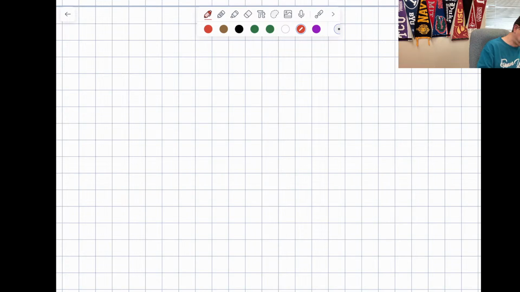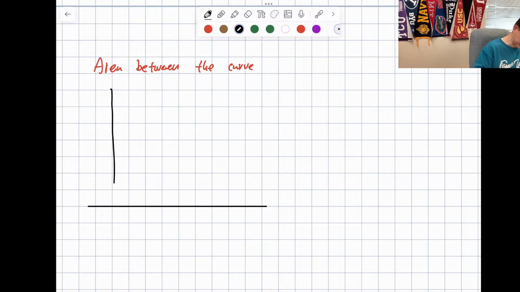Okay, so let's say I want to find the area between the curves. Imagine that I have an area here, and this area starts with a purple line.